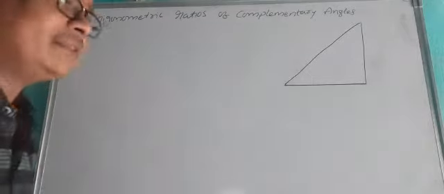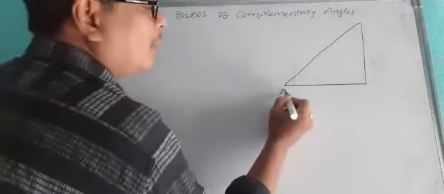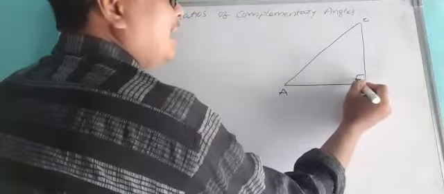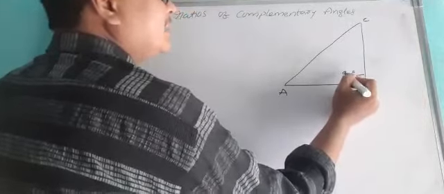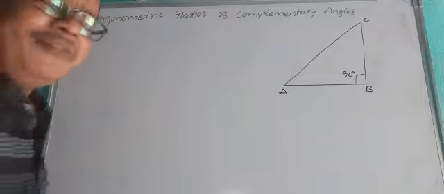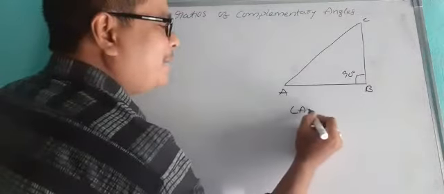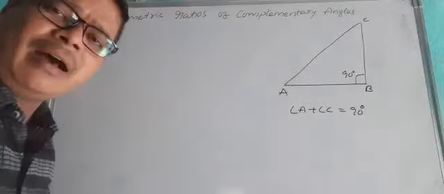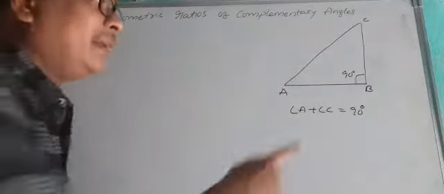Now we have to apply that concept of complementary angles to trigonometric ratios. How to derive it? Let us consider a right angle triangle ABC, angle B equals 90 degrees. Now the sum of the other two angles, angle A plus angle C, equals 90 degrees, because one angle already occupies 90 degrees.